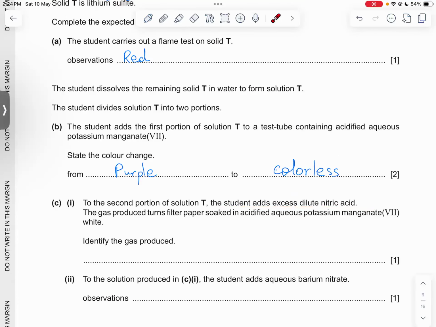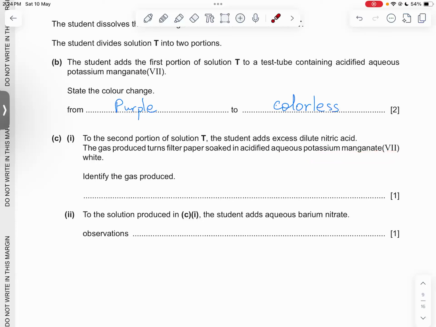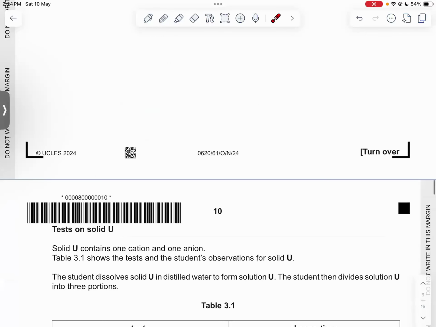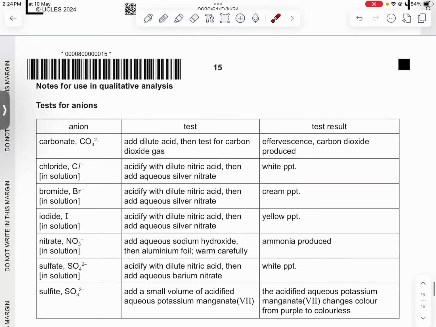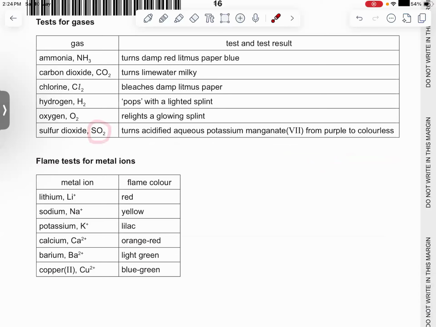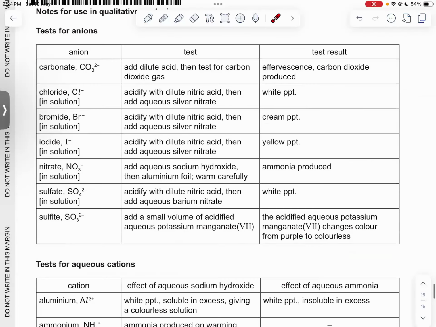The gas turned potassium manganate white, meaning the gas decolorizes potassium manganate. Not sulfate. Sulfate is an ion.